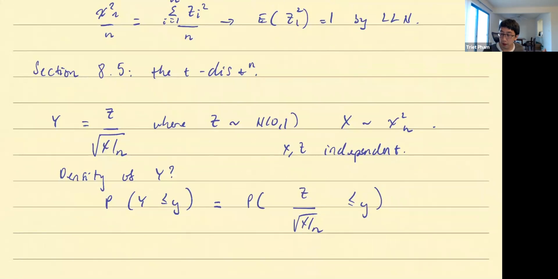Well, one way you can proceed is to use the joint density of Z and X, because Z and X are independent. Their joint density is just the product of the individual densities, and so you would end up calculating a double integral.